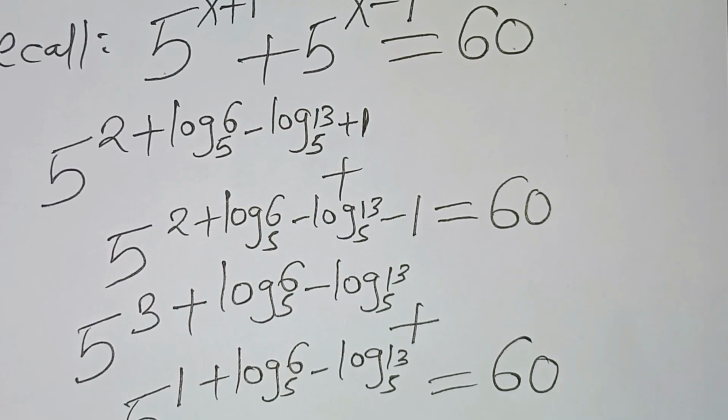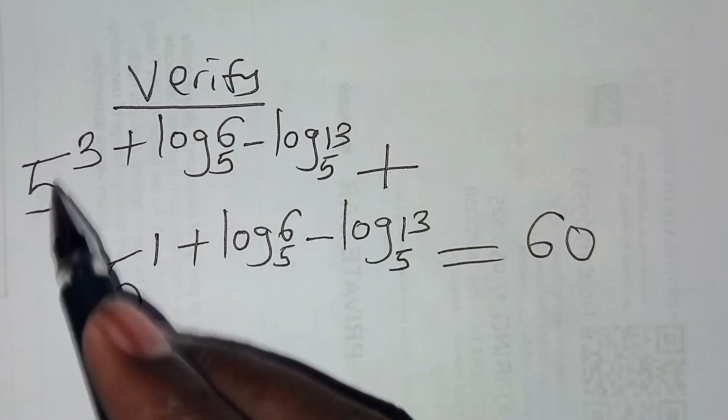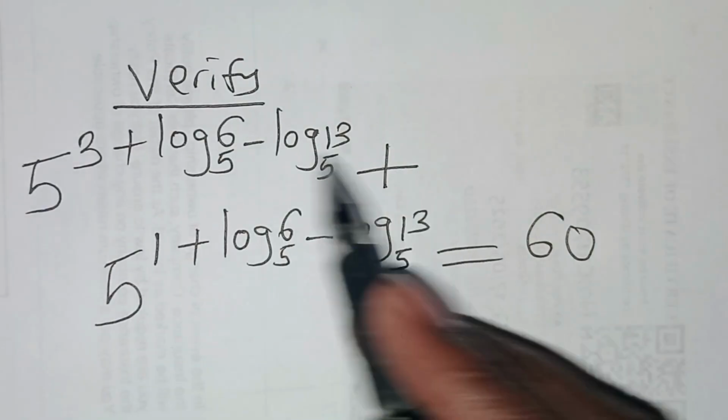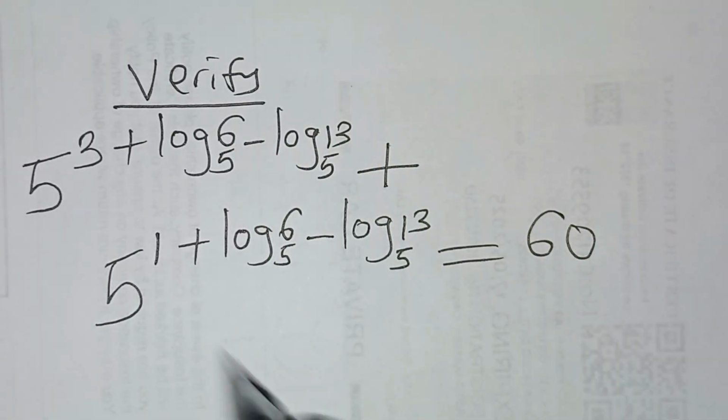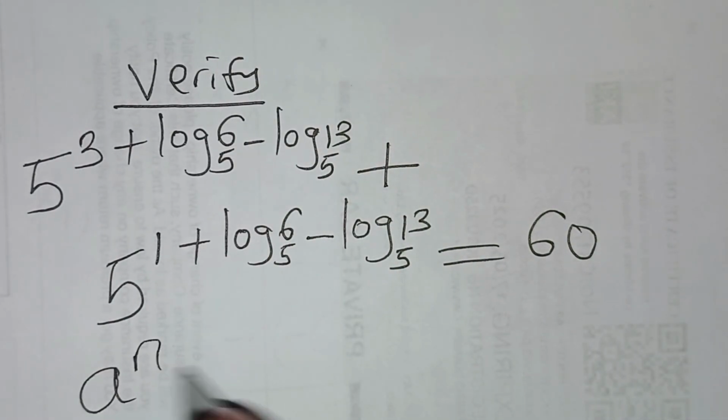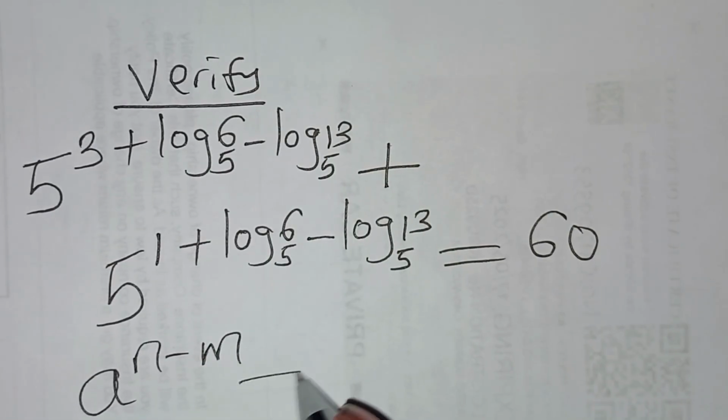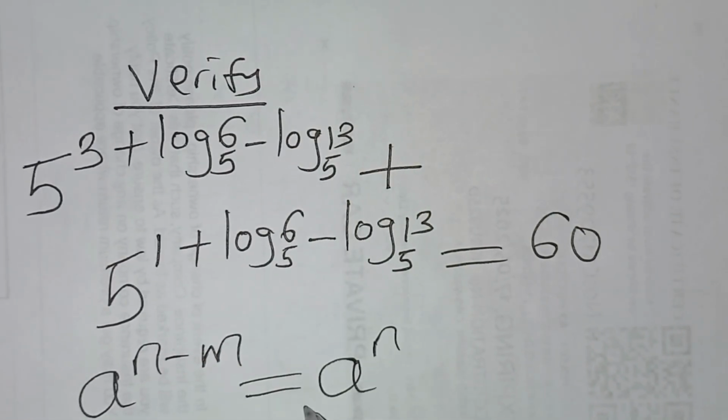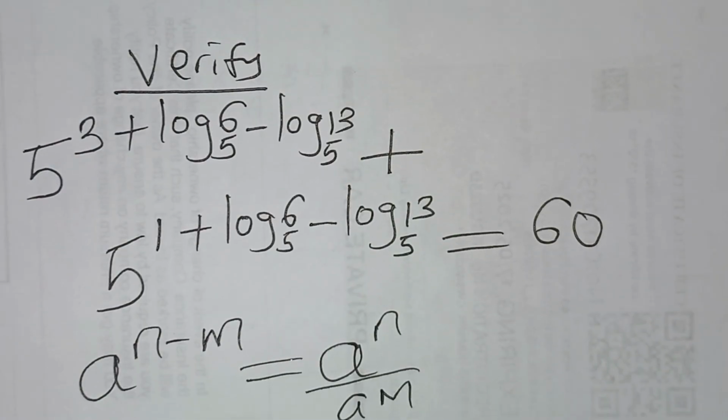So let's proceed. Now we have 5 to power 3 plus log 6 to base 5 subtract log 13 to base 5. This is in the form of a to power n subtract m, which you can express as a to power n divided by a to power m.